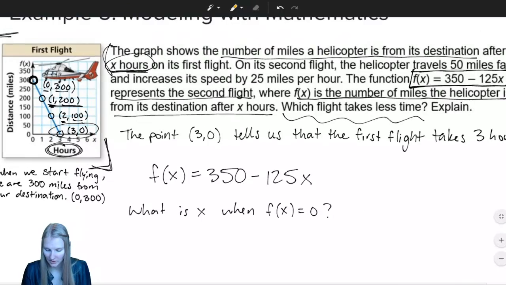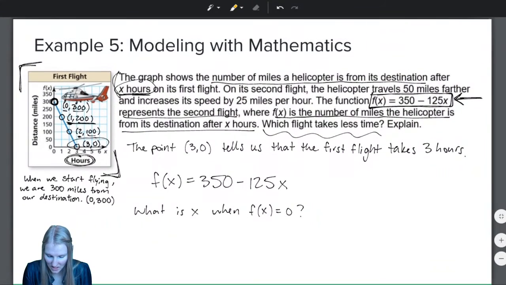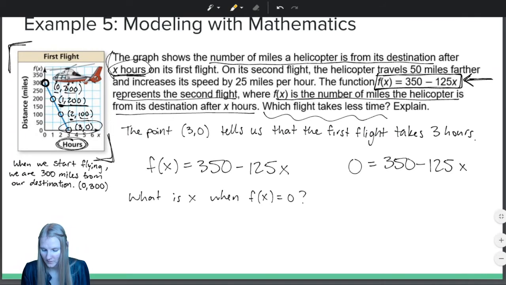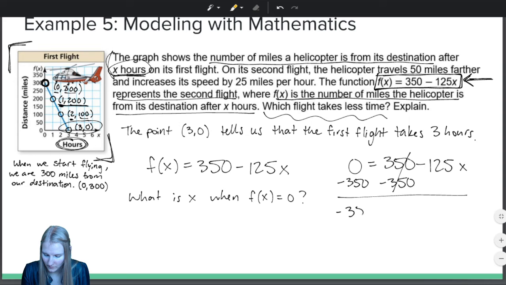Okay, so let's zoom out again. So we're going to take 0 equals 350 minus 125x. Okay, let's solve for x. I'm going to subtract 350 from both sides. So we get negative 350 equals negative 125x.